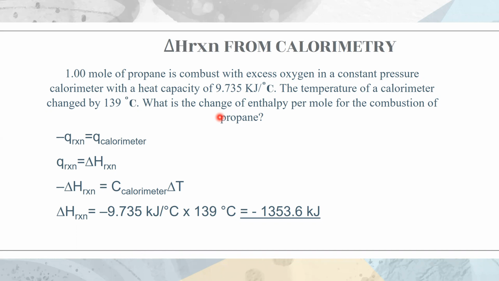What is the change of enthalpy per mole? So we have to make sure of every single part of our question, or what are we being asked for. We're asked, what's the change of enthalpy per mole for the combustion of propane?